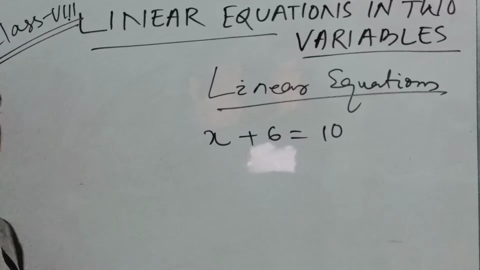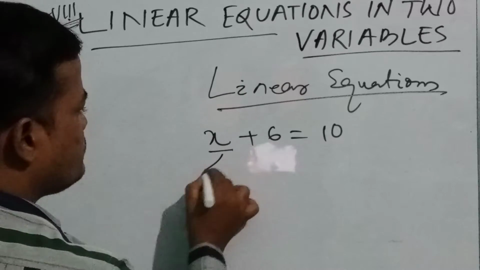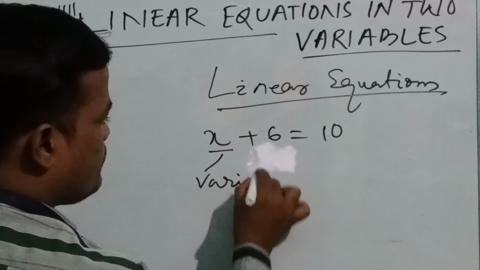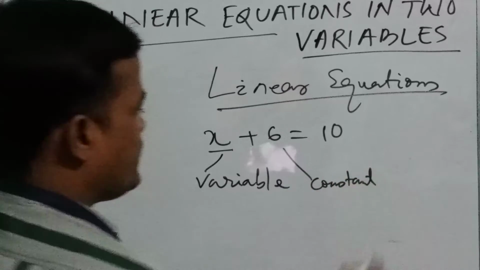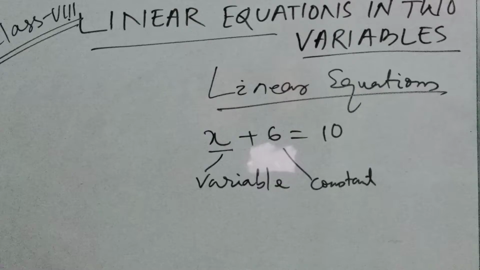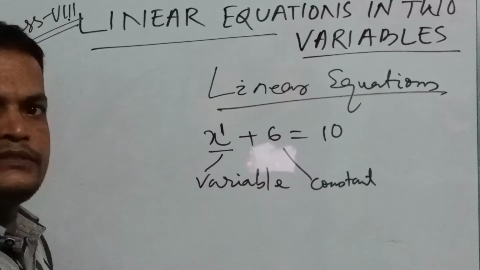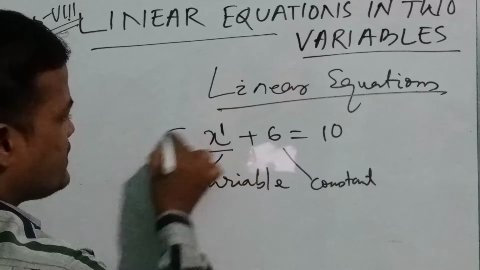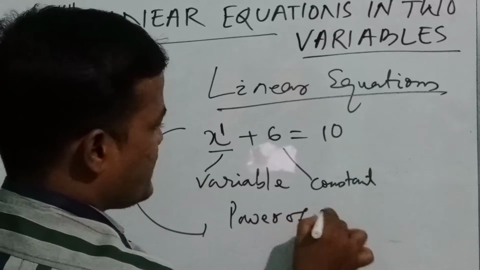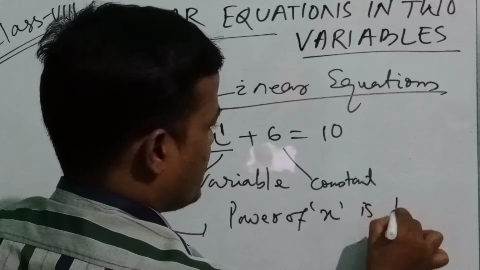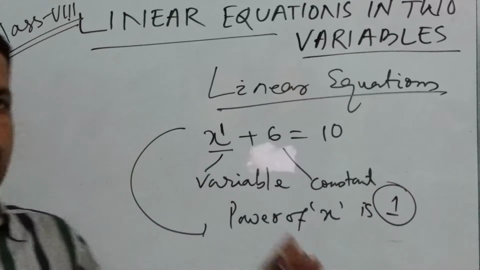You see here, this is a variable and this is a constant. x has no power written, which means its power is 1. The highest power, in this case, the power of x is 1.